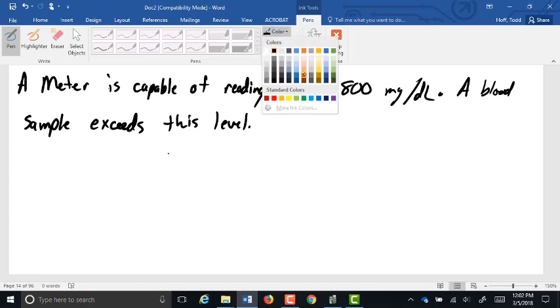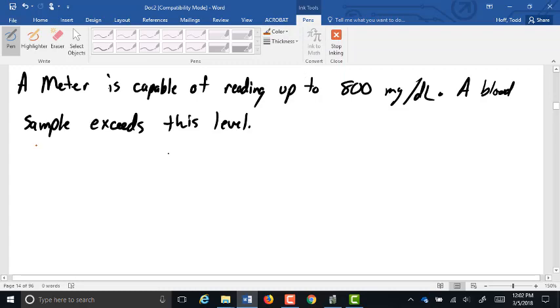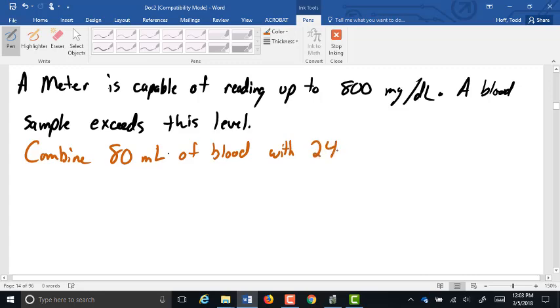So what we're going to do is we're going to combine 80 milliliters of blood with, let's go, 240 milliliters of saline.